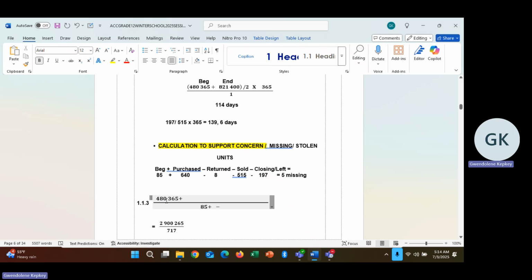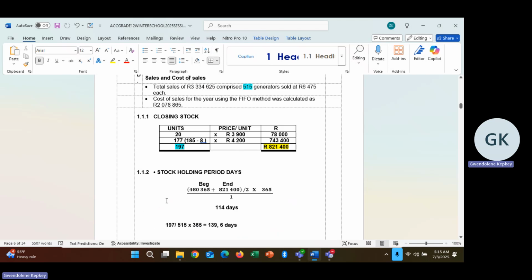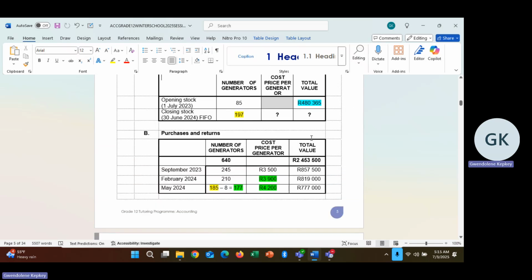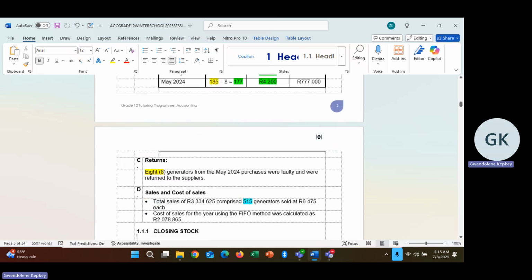I take my beginning stock rand value. Let's quickly go and check where we're getting that from. My rand value at the beginning is 480,365. So that's my beginning stock.